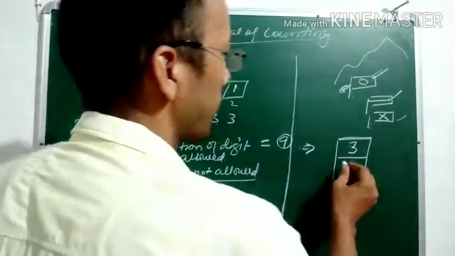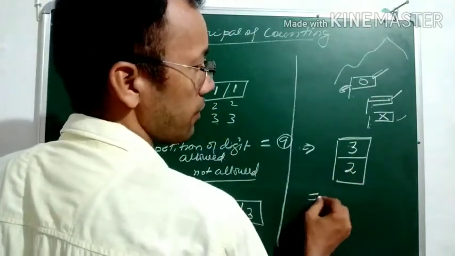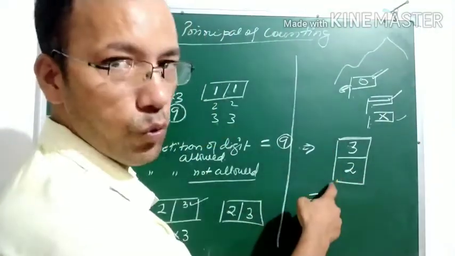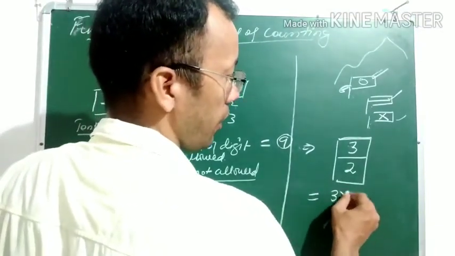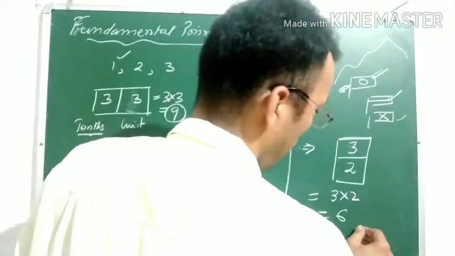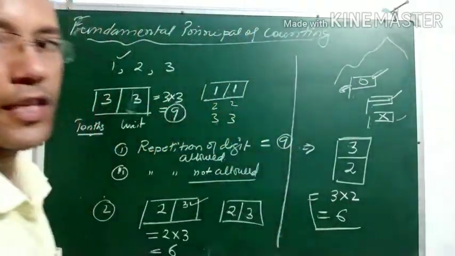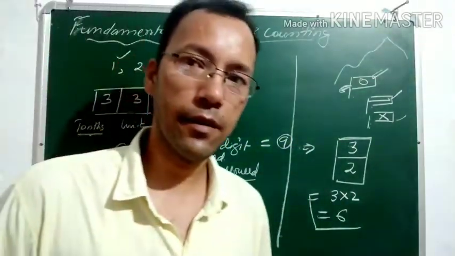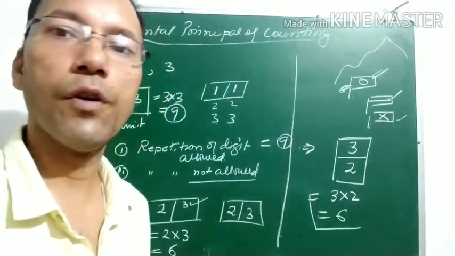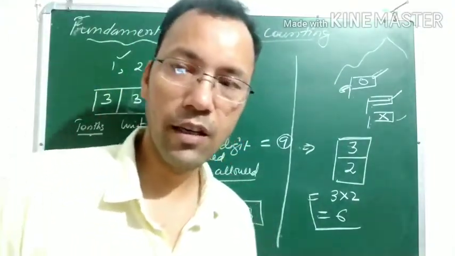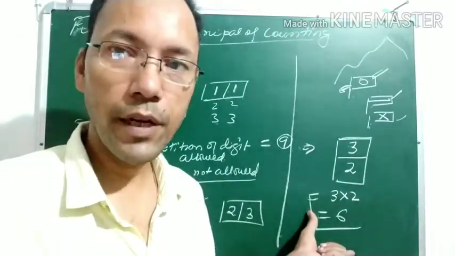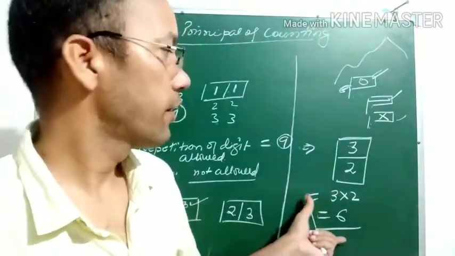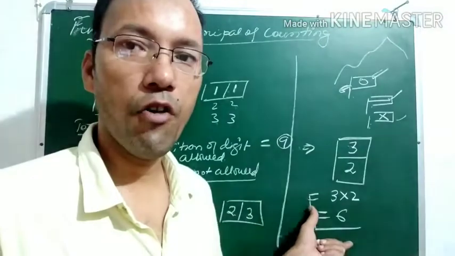So the total number of ways is 3 into 2, which is equal to 6. So I can put these signals in 6 ways to inform our crew members or group members, right? That is called the fundamental principle of counting.